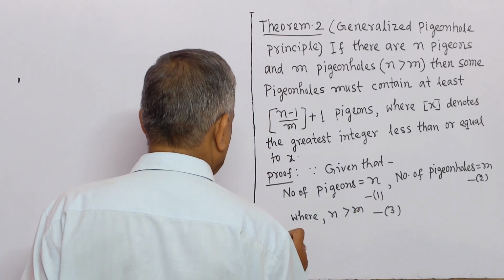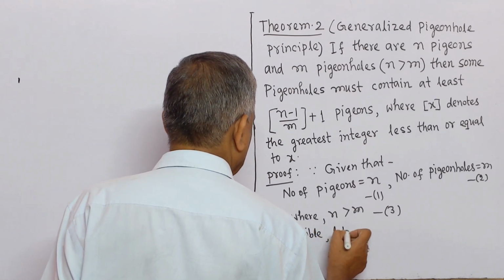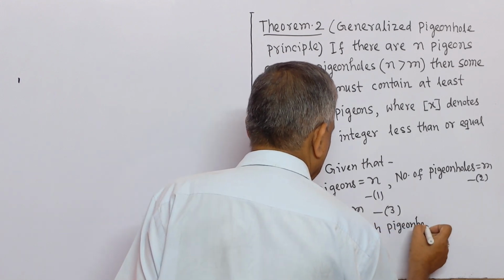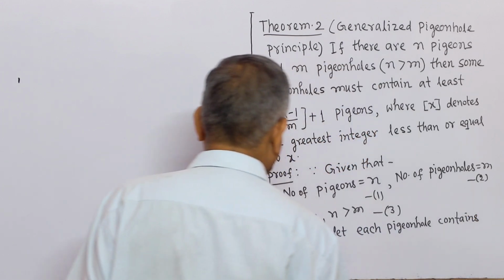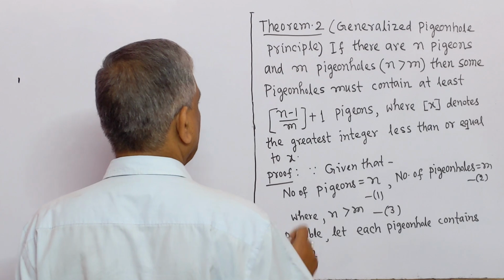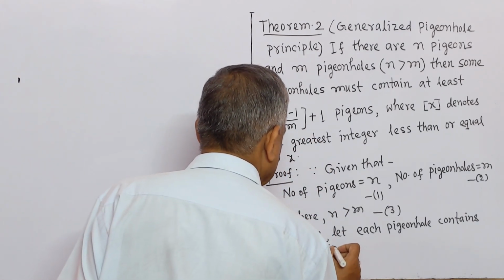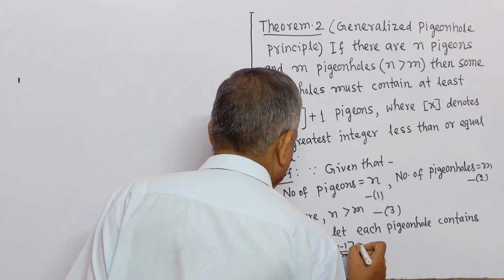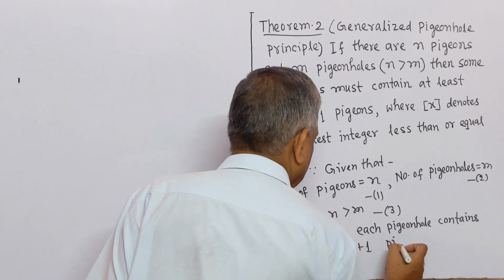If possible, let each pigeonhole contains less than floor of (n minus 1) by m, plus 1 pigeons.